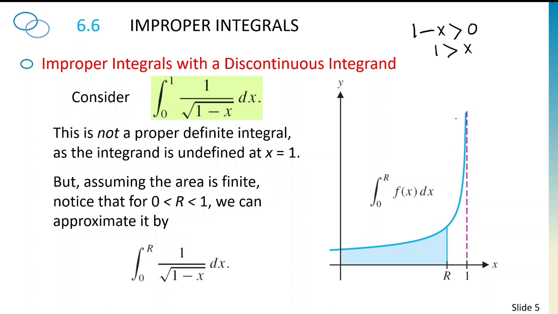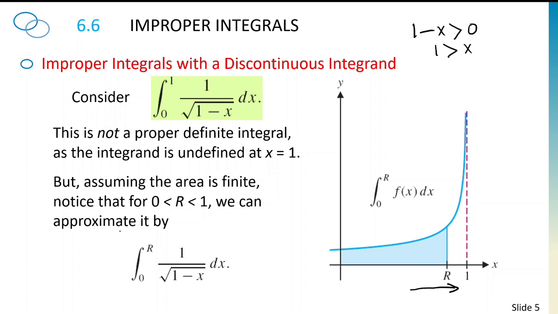Clearly from the graph, this is the graph of 1 over the square root of 1 minus x. It's discontinuous at 1. It has a vertical asymptote at 1. Now, instead of the integration from 0 to 1, we'll take it from 0 to r, where r is any point between 0 and 1. While we're moving closer to 1, just like the idea of limits, we're moving r closer to 1 from the left.